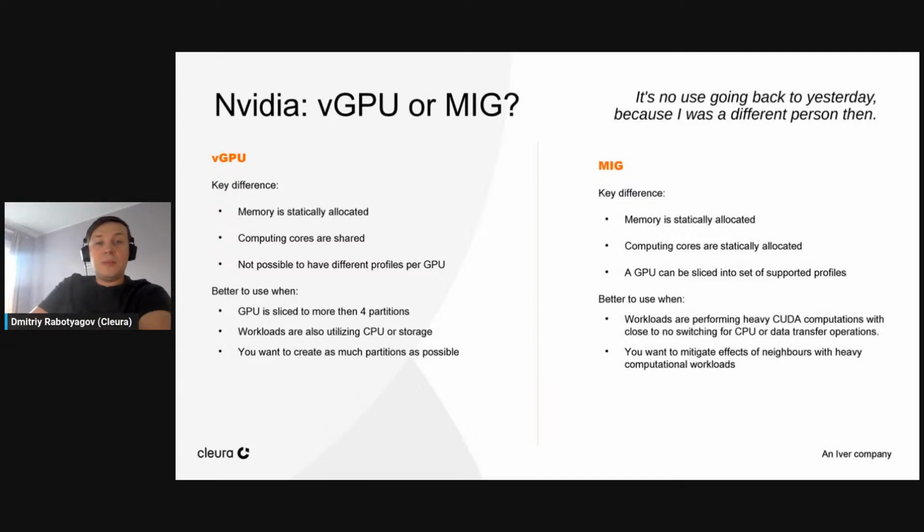So as a user, you're better protected from neighbors that share the same hardware. This also gives quite a significant improvement in performance for computational workloads. However, if workloads also involve storage operations or utilizing the CPU as well, which is kind of common, vGPU might give slightly better performance at the end of the day.